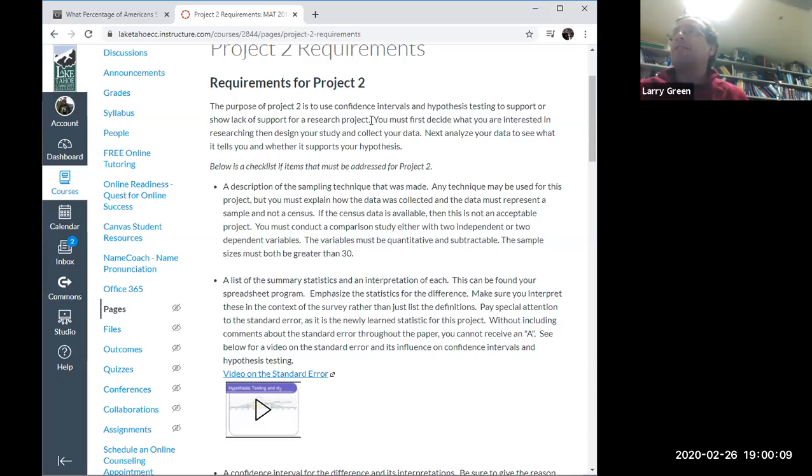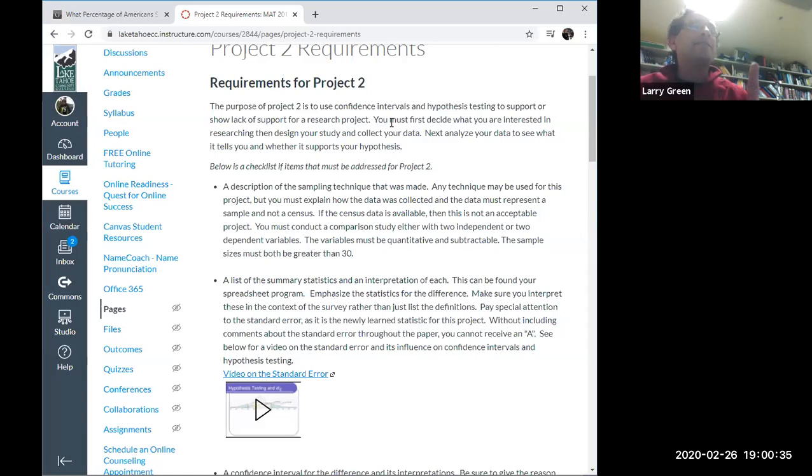Okay, so the first thing you have to decide is what you're interested in. So step 1 is to write down your null hypothesis and your alternative hypothesis. You do that before you collect the data. Got it? Then you can plan how you're going to collect the data, but don't collect it yet.